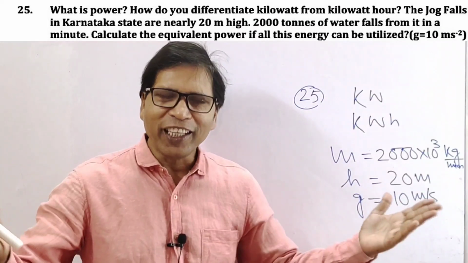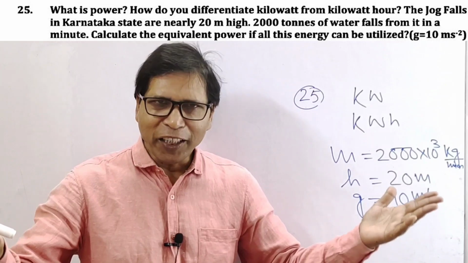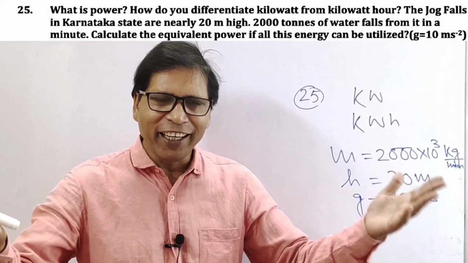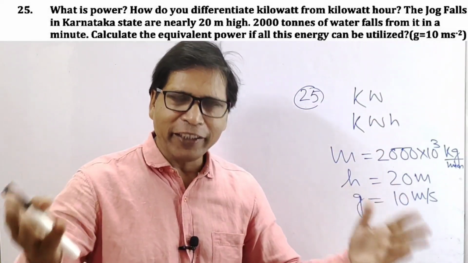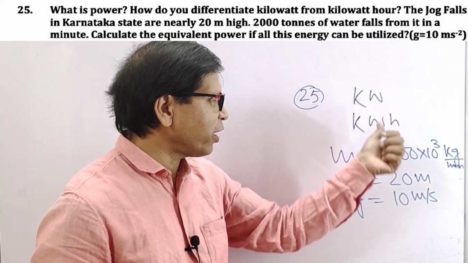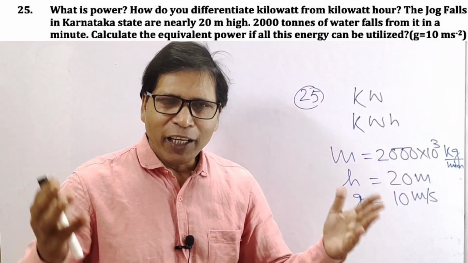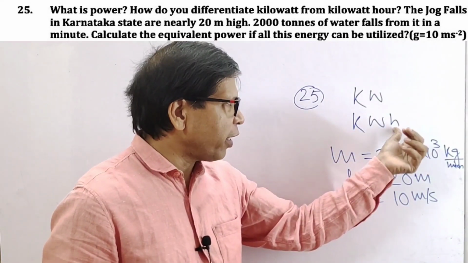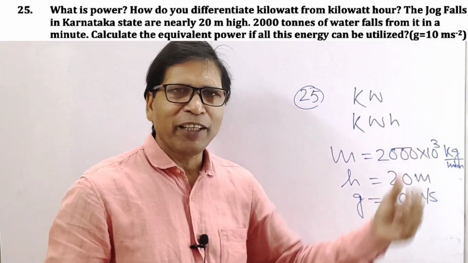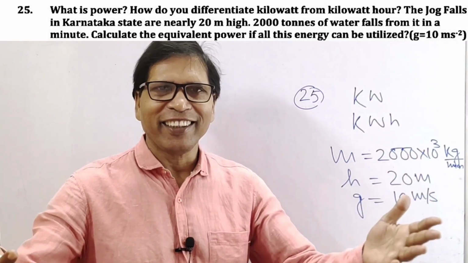Okay. Now question number 25. What is power? Power is the rate of doing work. Now differentiate between kilowatt and kilowatt hour. Kilowatt is the unit of power and kilowatt into hour, that is power into time, is the unit of energy.